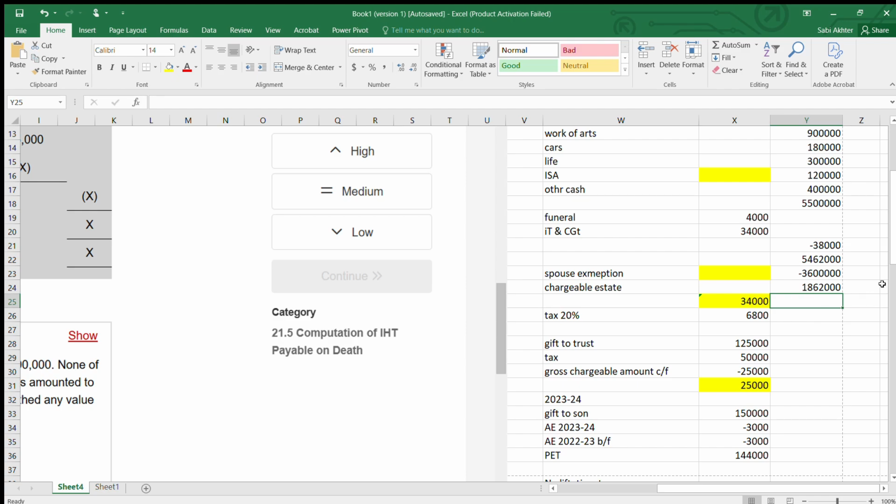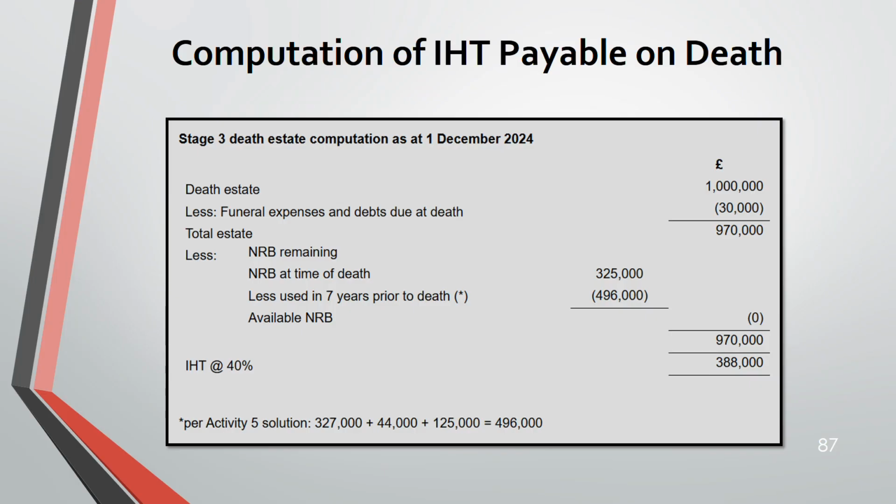It is 0. So this entire amount 1862 will be taxable at 40%. So 40% on this chargeable estate, 744,800 is your IHT.